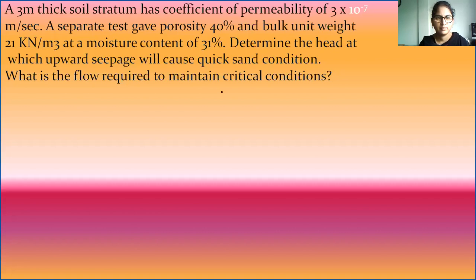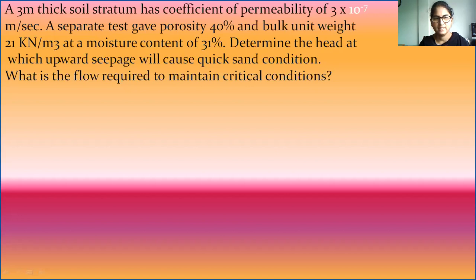So the first step: a 3 meters thick soil stratum has coefficient of permeability of 3 into 10 to the power of minus 7 meter per second. A separate test gave porosity 40% and bulk unit weight 21 kilonewton per meter cube at a moisture content of 31%.